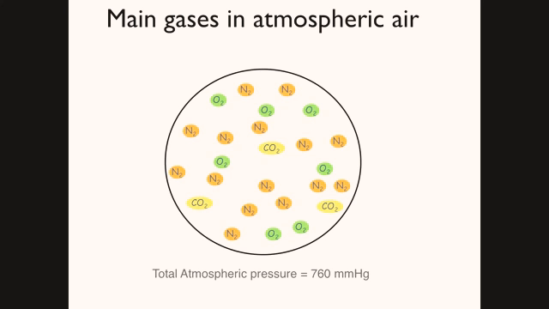We know that the total atmospheric pressure at sea level is about 760 millimeters of mercury. That's the total pressure. But we're going to find out the partial pressures due to each presence of a single gas. So what's the PO2, the pressure due to oxygen? What's the PN2, the pressure due to nitrogen? And what's the PCO2, the pressure due to carbon dioxide?